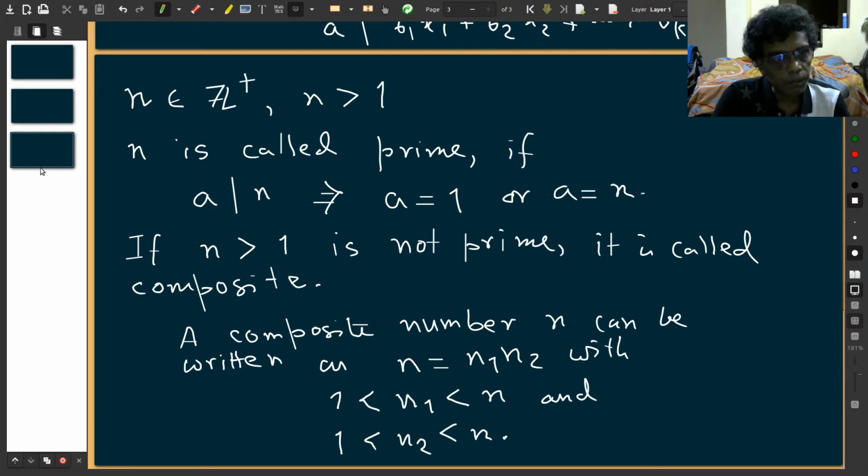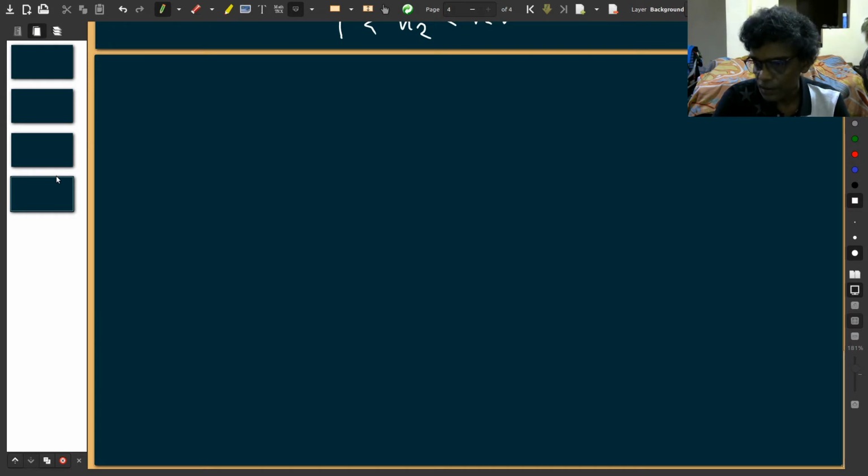Okay. These are all elementary concepts. But given this, I prove the first very important theorem.